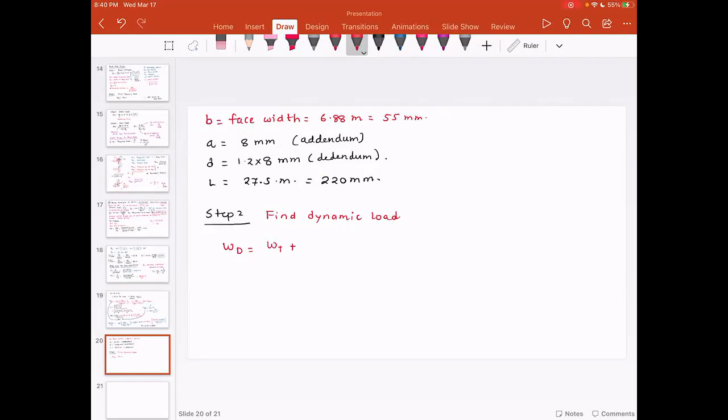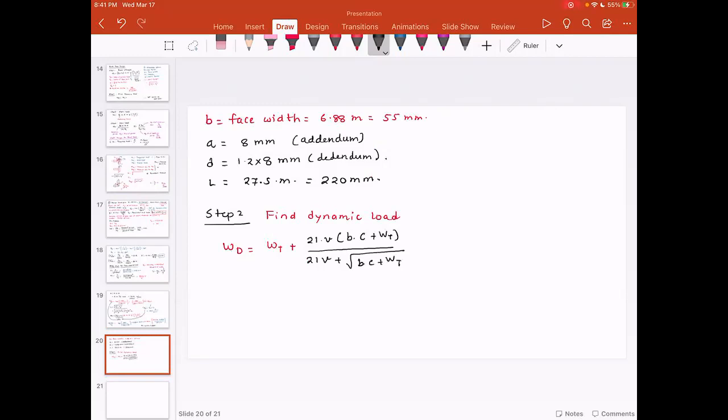I will give you that equation. That equation is given as WD equals WT plus 21V times (BC plus WT), divided by 21V plus the square root of (BC plus WT).